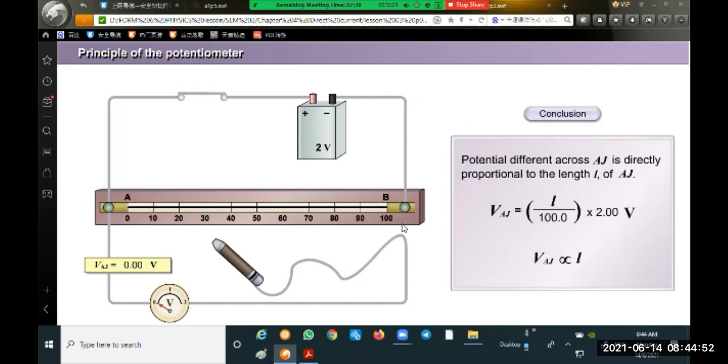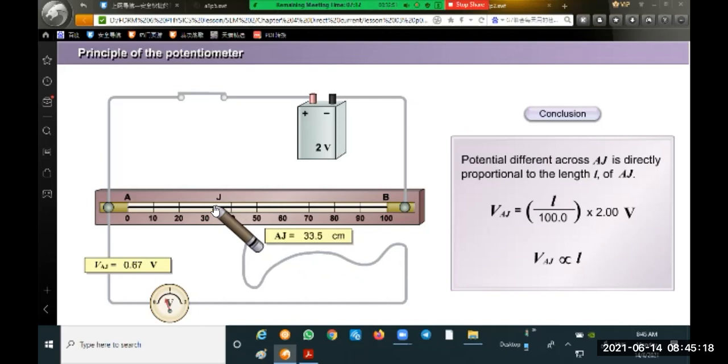Then L times resistance over 100 times resistance, we cancel each other. That's why we use the length. The length of the wire can also be used to find out the potential across the point AJ.